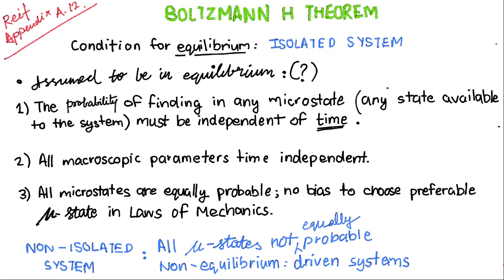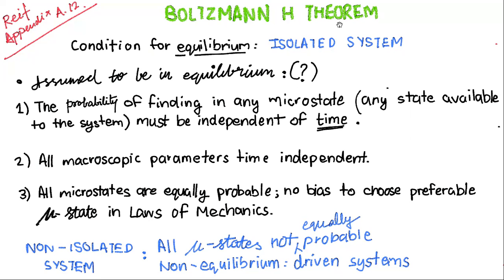There was no net current in the system, and then we postulated that all microstates are equally probable, and that there is no bias in the equations of motion to choose preferable microstates in the laws of mechanics. So for all ways of distributing a system in different microstates, there is no bias, and it has to be in equal probability.